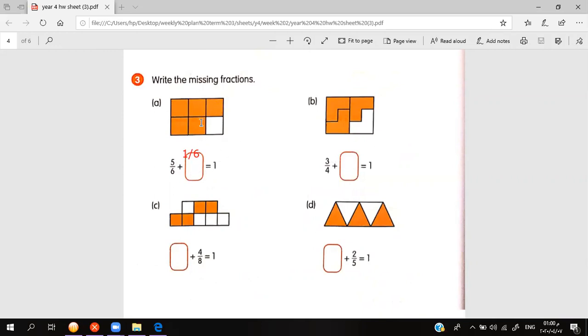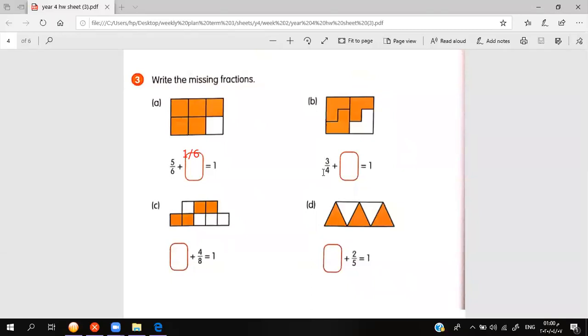Now he said 5 from the 6 are here. So how much is left for them to be 6, to be whole? 1 part is left. Here how many parts are they? 1, 2, 3, 4. He already gave you 3 from the 4. How many are left for it to be whole?